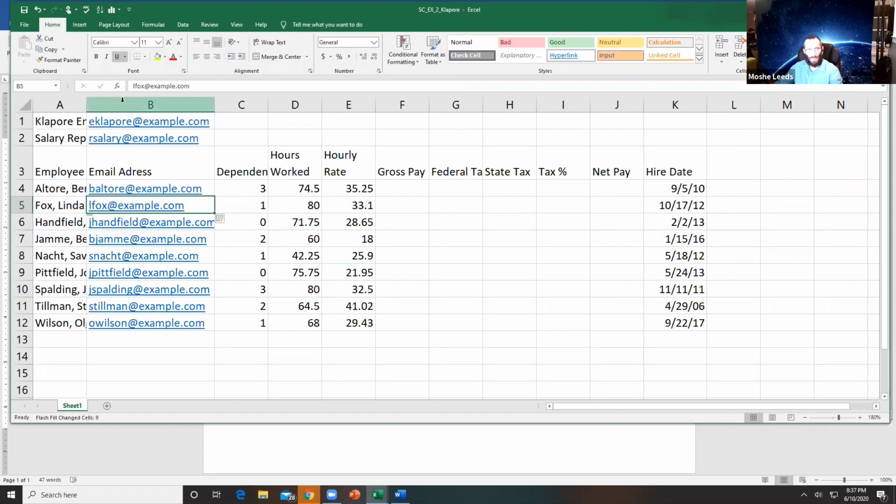You see what it did? It copied the format of my email, and it did the exact same thing with all the names. Look, it took the first letter of the first name and the full last name, and then it created an email address out of it. So that is a very cool tool to use.